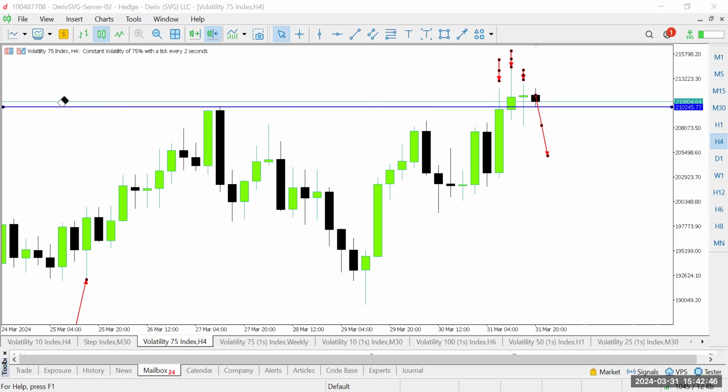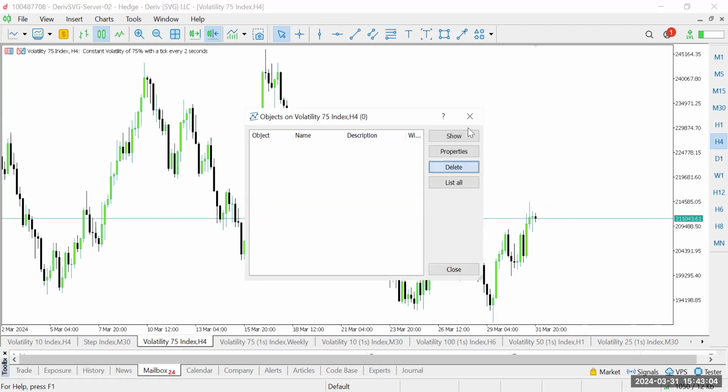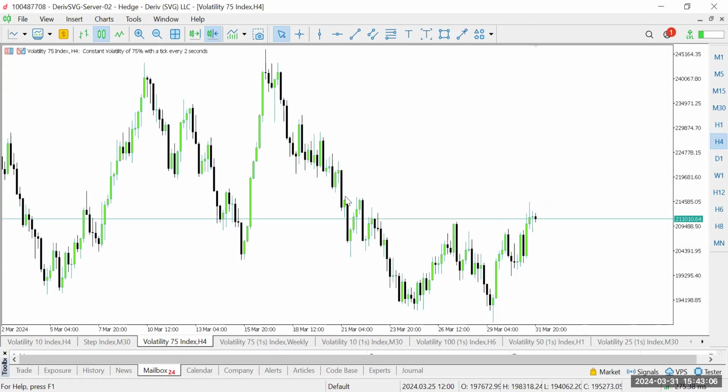But I'll still remain bullish for the week. What I'll be expecting is that I'll wait for the neckline break, like I said. I'll wait for a neckline break to confirm my bullish bias, then I'll buy. And the break, I'll wait for it on H4.